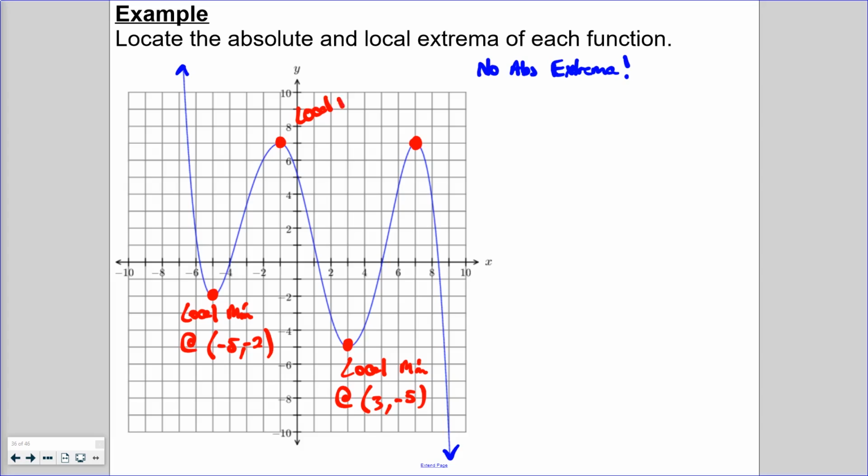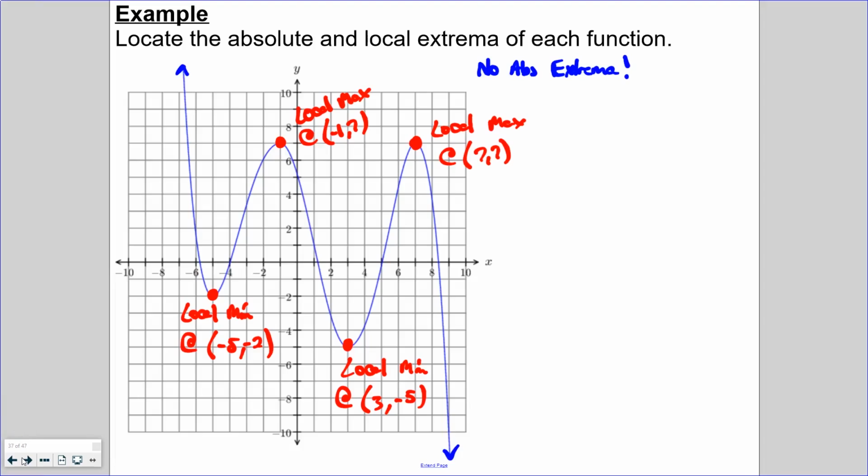And we have a local max at -1, 7, and a local max at 7, 7. And there you have it, all of our local max and mins for this particular function.